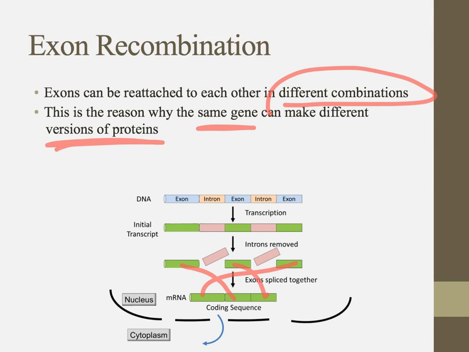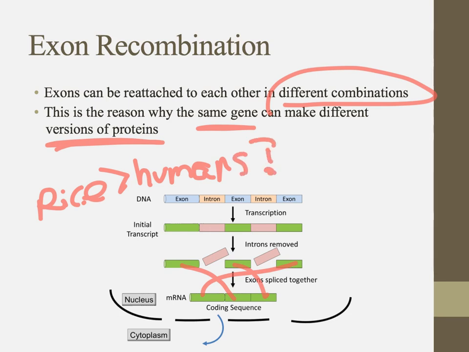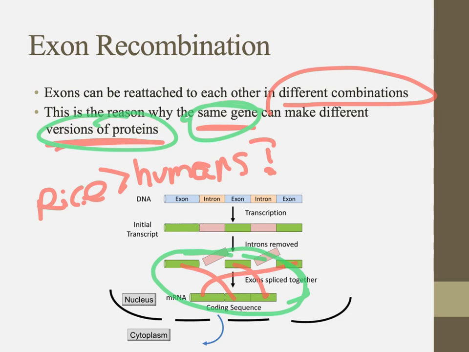Humans have only a fraction of the number of genes as a rice plant. How can rice have more genes than humans when humans are seemingly much more complex? Well, that's because some of our genes can make multiple versions of proteins. The same gene can make different versions of proteins if I glue these exons together in different combinations.